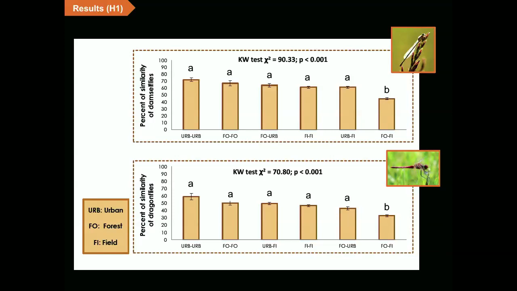For the two suborders, we only found a significant difference between forest ponds and field ponds. So it's very interesting because you have dissimilar assemblages between forest ponds and field ponds, and in urban context, you have ponds with a mix of the species of the two other contexts.